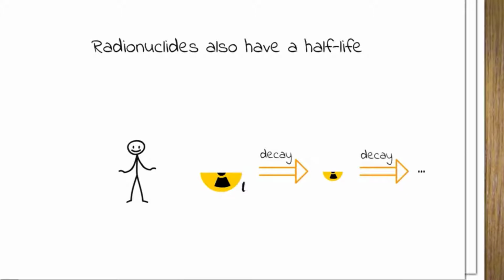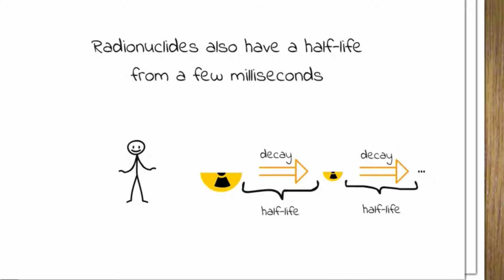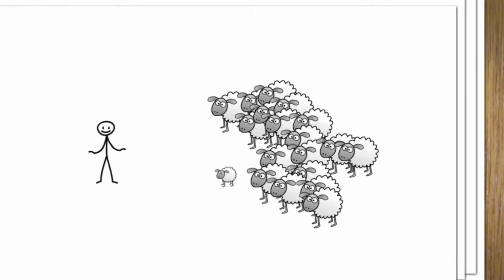Here too, the period in which exactly half of the material decays is called the half-life. There are materials with very short half-lives, so these decay very quickly, for example, in a few milliseconds. Other radioactive materials have half-lives of several million years or even much longer. Anyway, Klaus's sheep have all calmed down, and now he's looking forward to enjoying some delicious sheep's cheese.